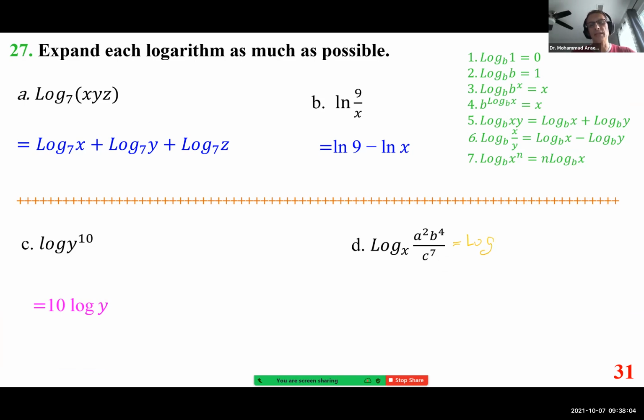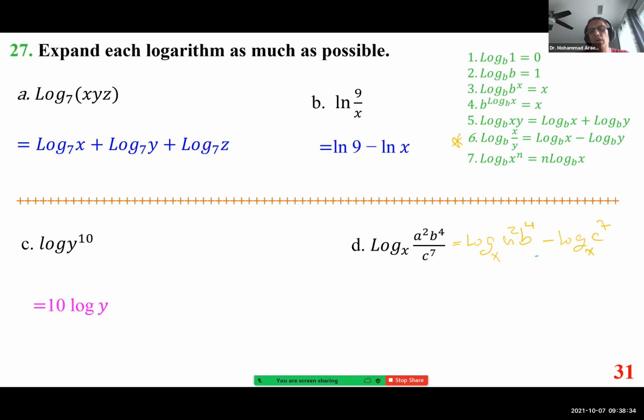Log with any base, the base is x. Don't forget to repeat the base, of a squared b to the power of 4, minus log base x of c to the power of 7. In other words, I'm using the quotient rule. I'm separating the top from the bottom. I'm using number 6.